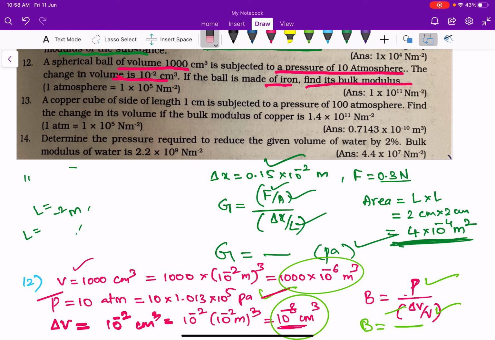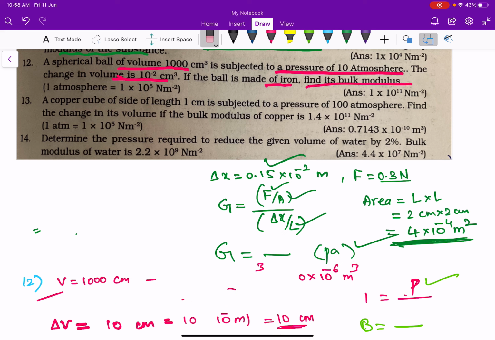Okay. Now I am going to discuss problem numbers 13 and 14.